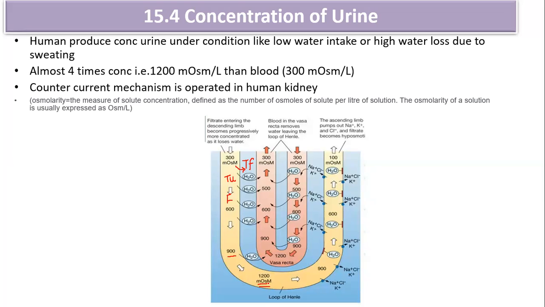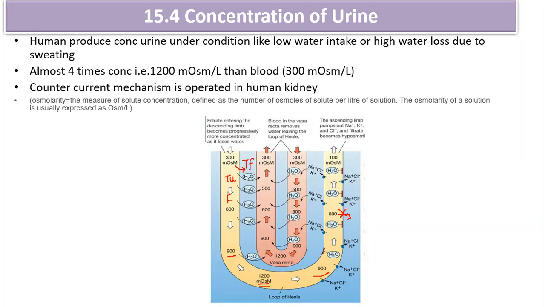Coming to the ascending limb, now you can see this is the ascending limb. Now you can see this becomes 900. What happens? The ascending limb is thick walled as well as impermeable to water. That means water cannot move out, because it is impermeable to water.